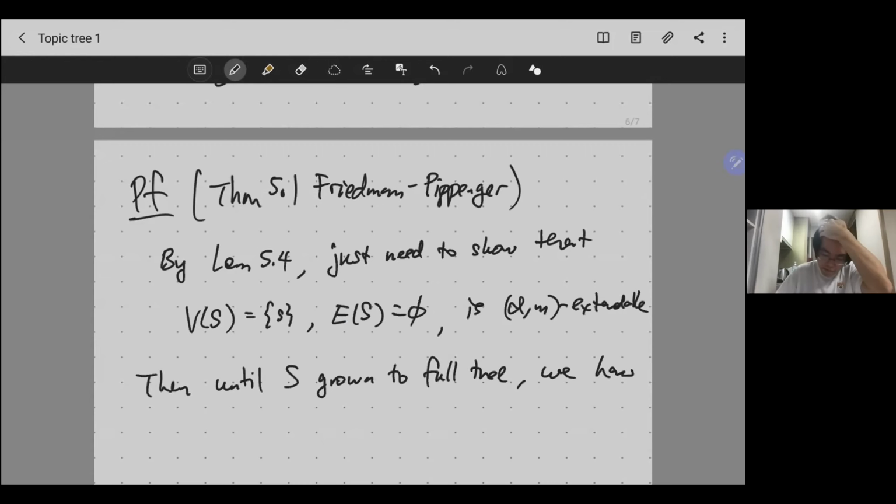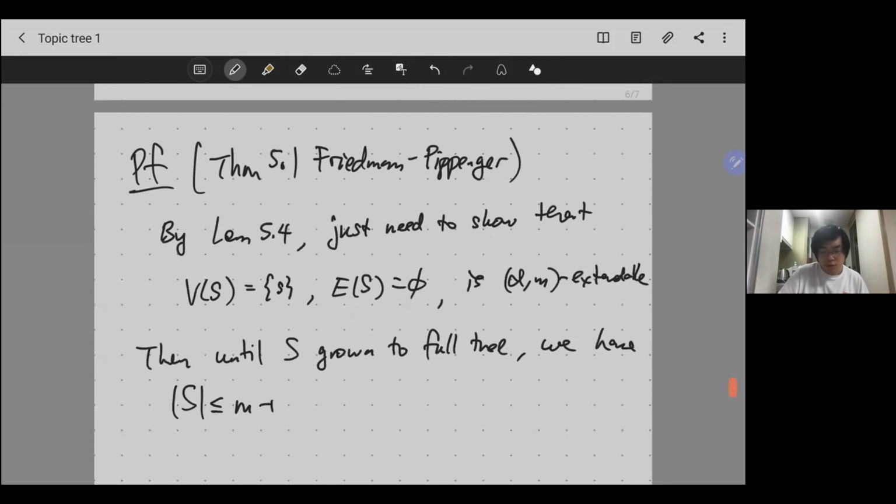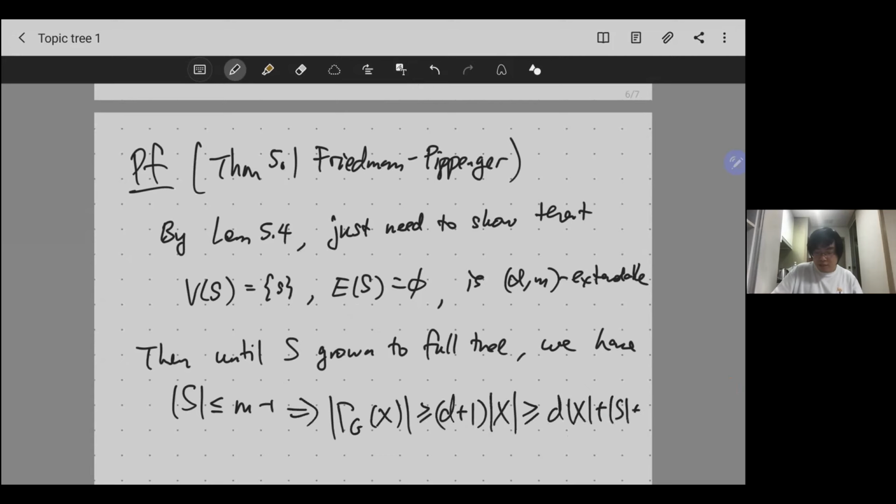we have, because the tree has m vertices, before it grows to full size, S has order at most m minus 1. So that means the neighborhood of x is at least, by our expansion property from the Friedman-Pippenger hypothesis, the d plus 1 expansion, at least dx plus s plus 1 for every x of size at least m, at most 2m, right?